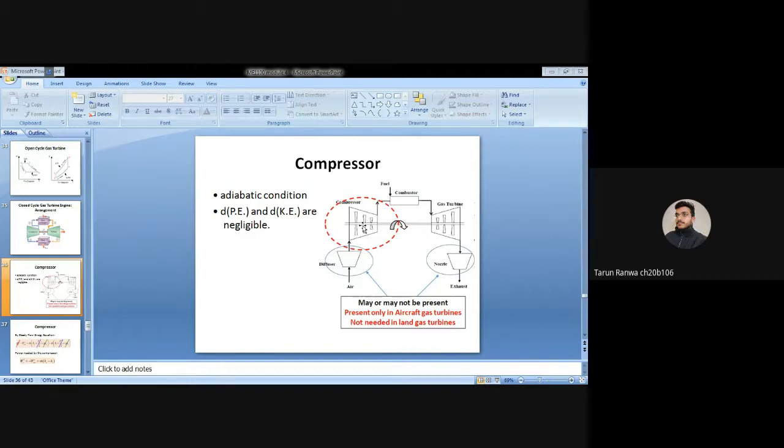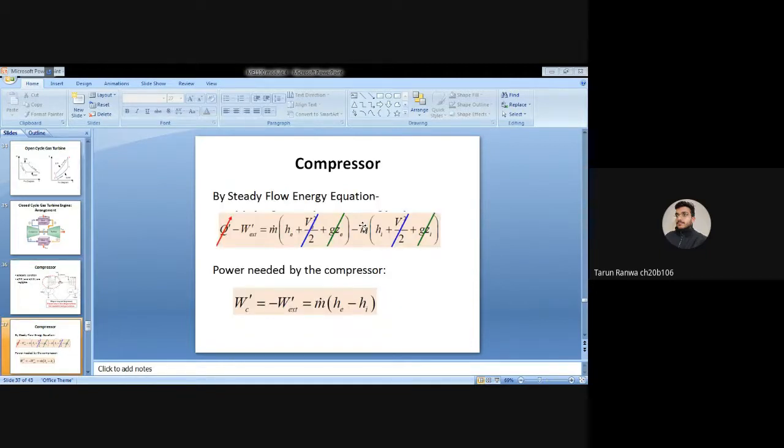Now let us apply the steady flow energy equation for compression. Adiabatic condition, so Q is equal to 0, and these terms get cancelled, and then the power needed by the compressor equals WC equals minus W external equals m dot into H2 minus H1.